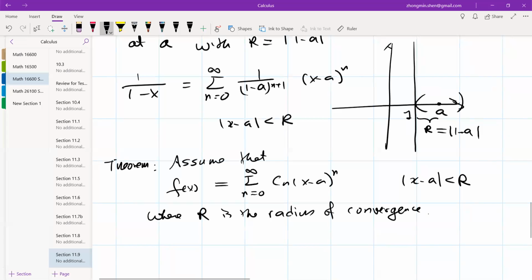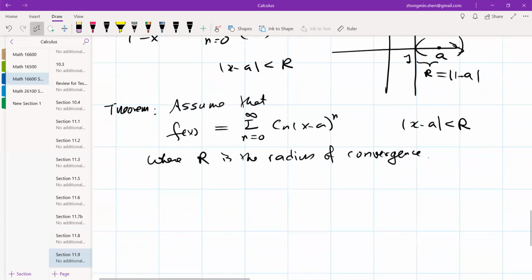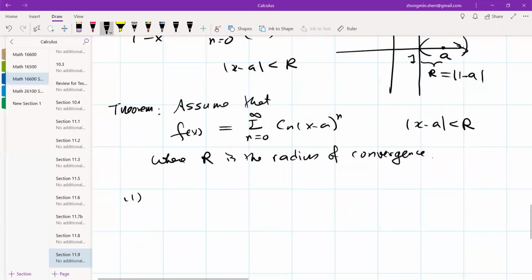If it can be expressed as a power series over that interval, then we have the following property: the function is differentiable, and the derivative of the function can also be expressed by this power series. In other words, you can differentiate.